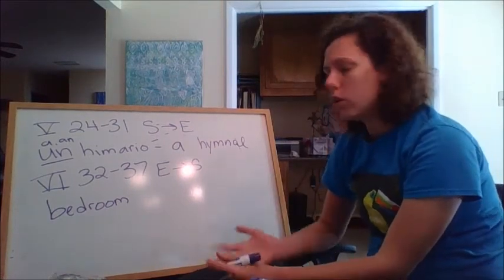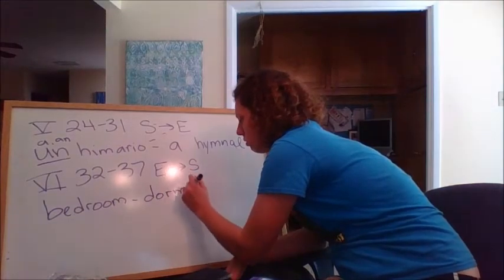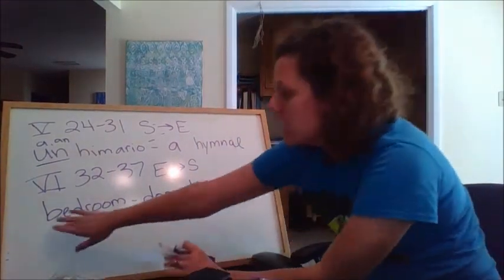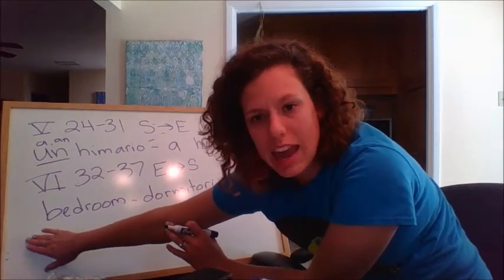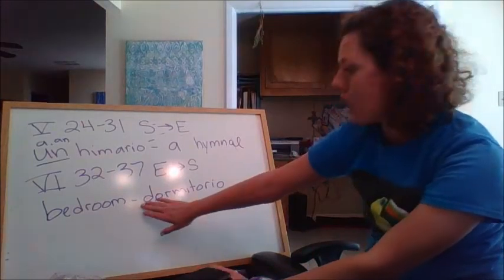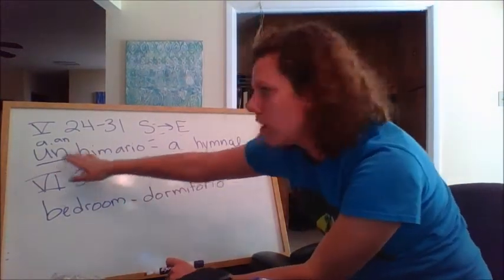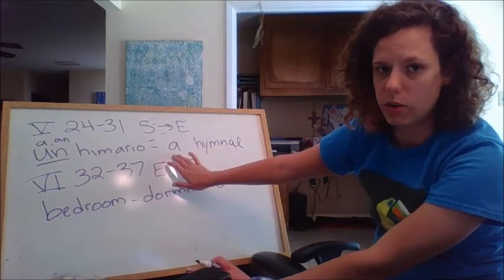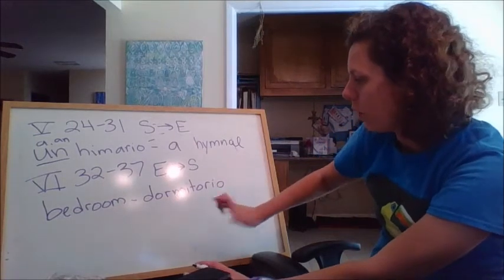Okay? So, what is the word for bedroom? Dormitorio. Okay? Because there's no article here, I didn't say the bedroom or I didn't say a bedroom, you don't have to include the article here. Because I included it up here, you have to include it up here. Does that make sense? Okay? All right. So, there you go.